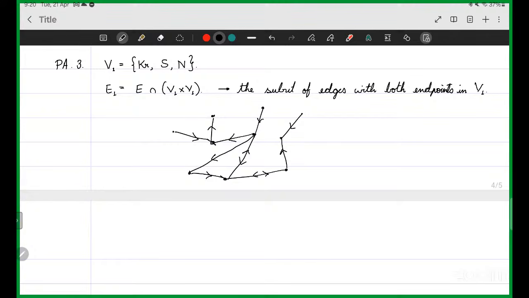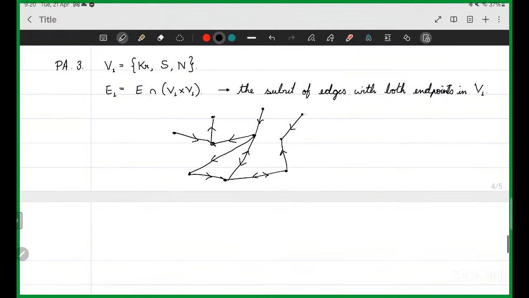What is E1? So you have a set of edges. What are the edges with both endpoints in V1? V1 comprises of K, S and N.